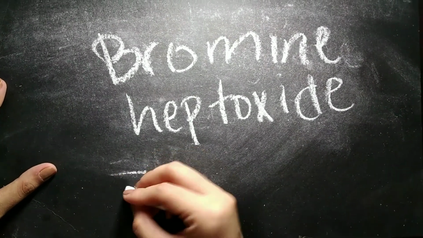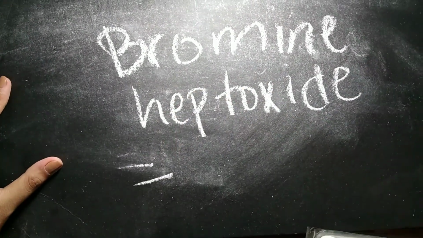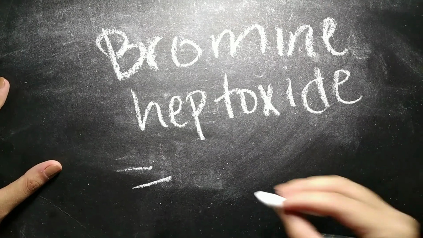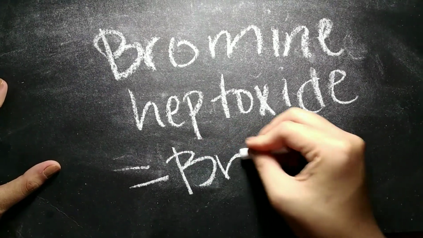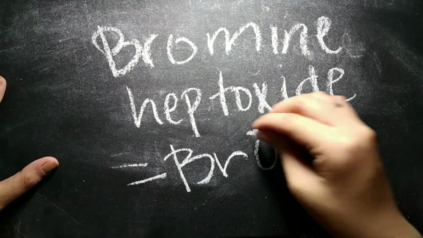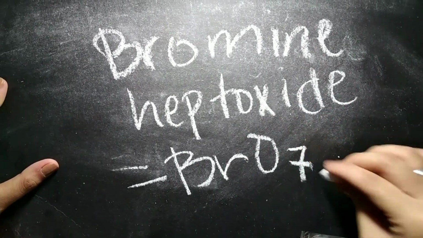So the covalent formula of bromine heptoxide is Br2O7.